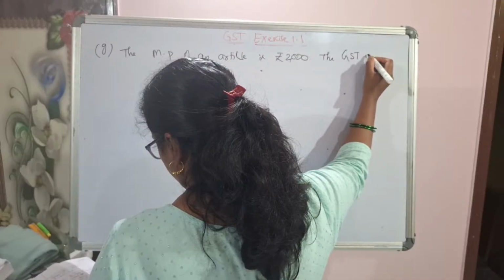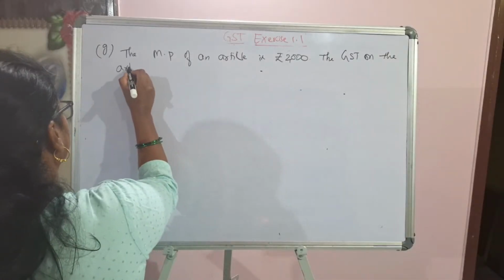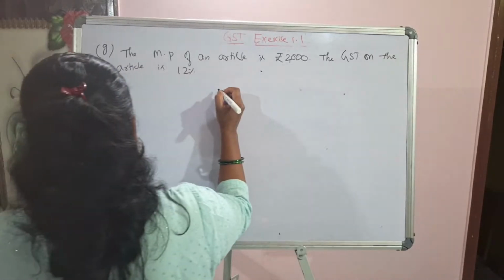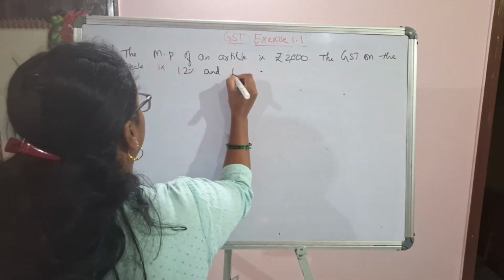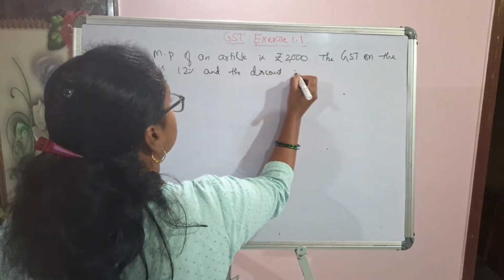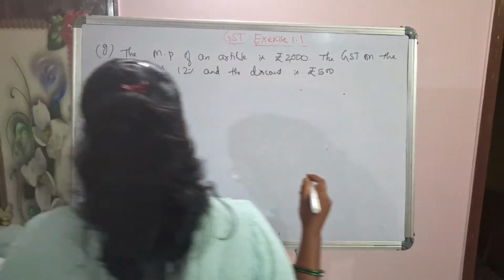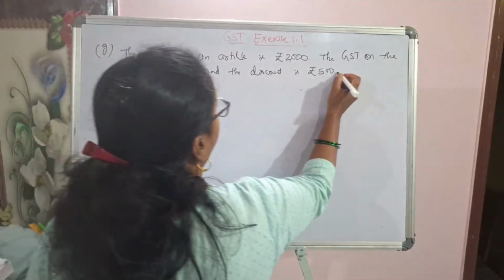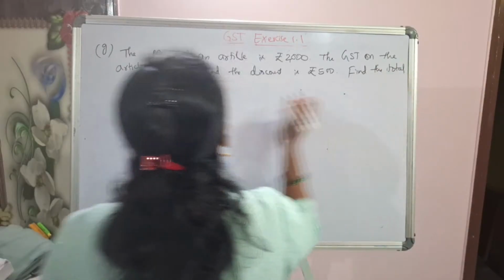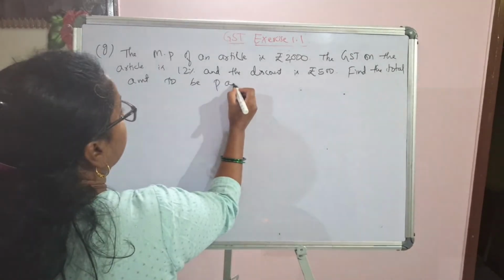The GST on the article is 12%, and the discount is rupees 500. Find the total amount to be paid.